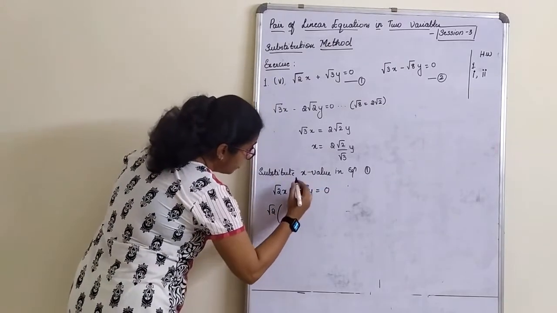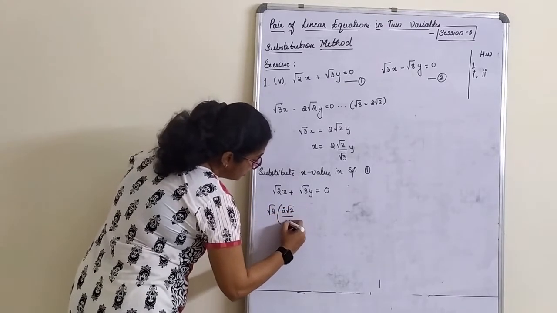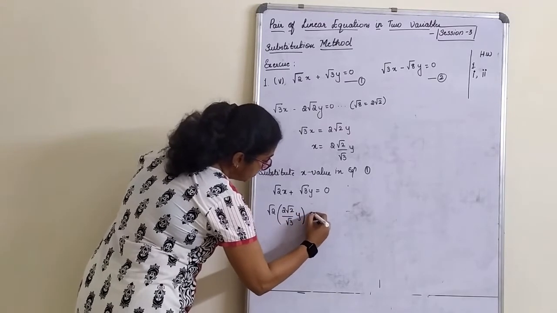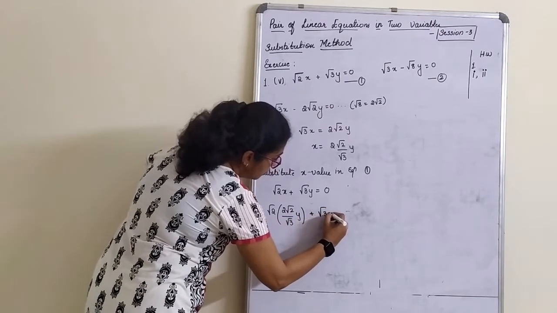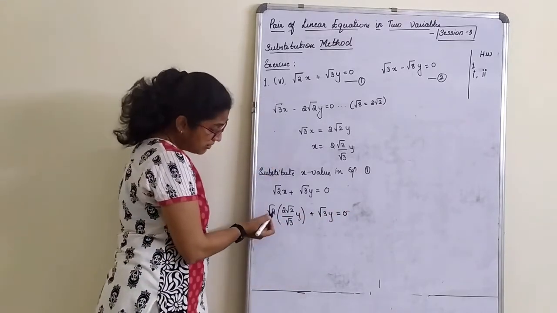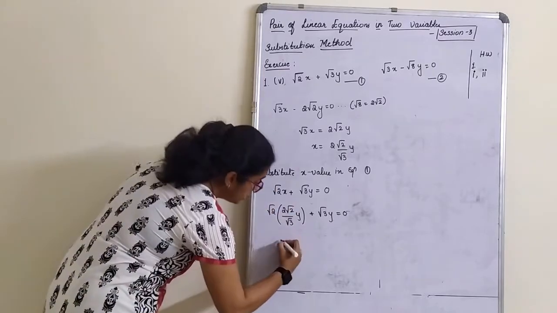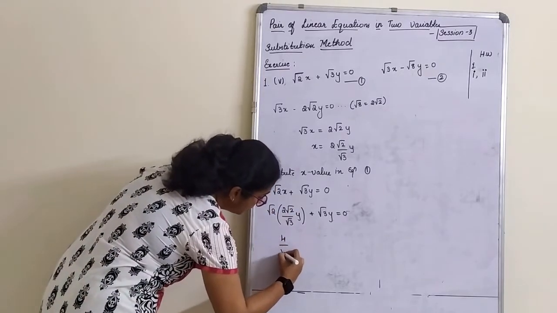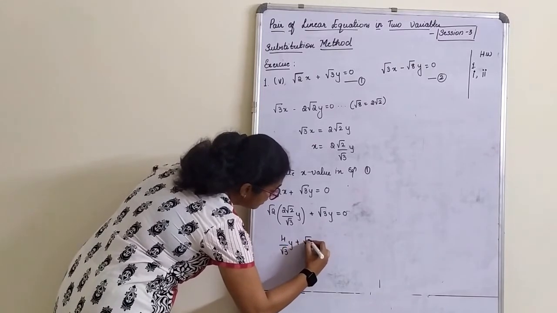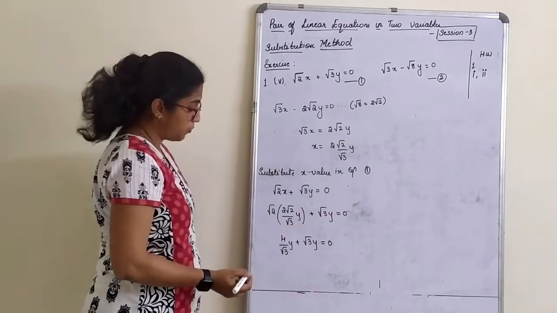Root 2 where x is nothing but 2 root 2 divided by root 3 of y, plus root 3y is equal to 0. Now see here, root 2 into root 2 is 2. 2 into 2 is 4 by root 3 y plus root 3y is equal to 0.